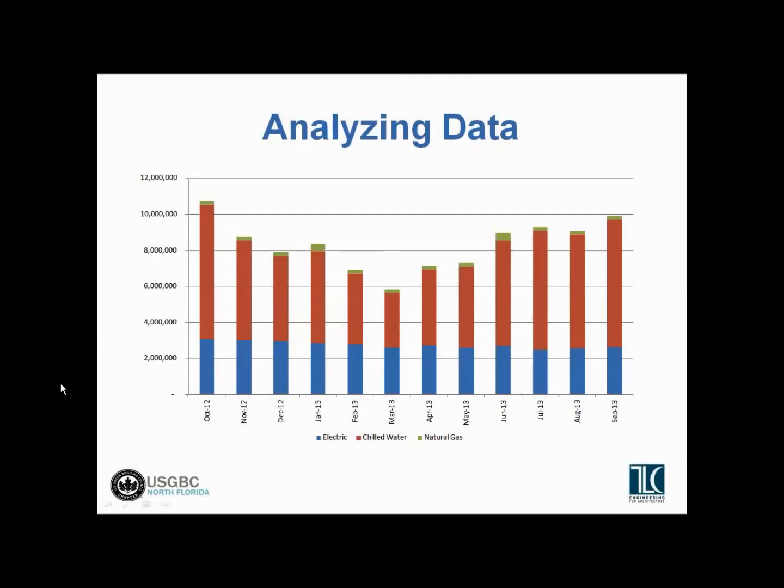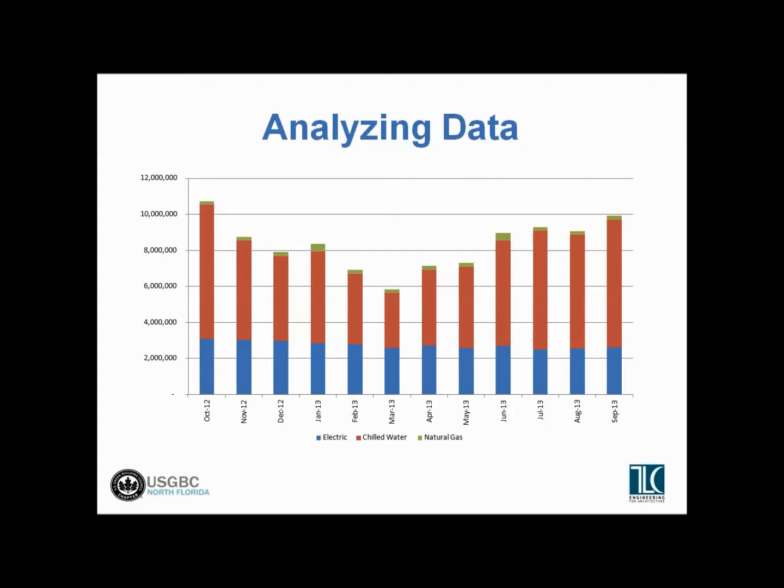So I also like to look at the data. Since I've already got it in a spreadsheet and I've already got some of those graphs, I like to plot it and visually look at it and see what kind of stories the data is telling us. So here, I've taken that spreadsheet and plotted it in a stacked bar graph, where the blue is the electric usage, the red is the chilled water usage, and the greenish is the natural gas consumption.